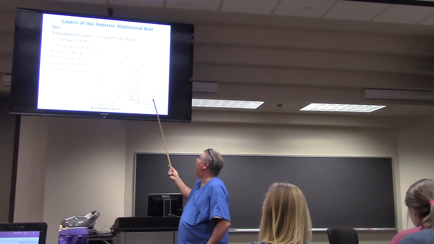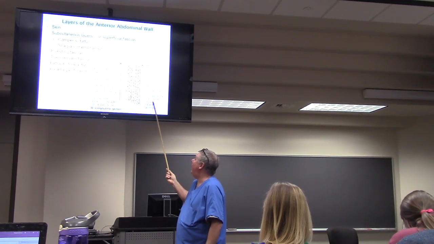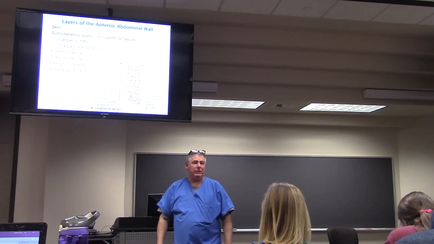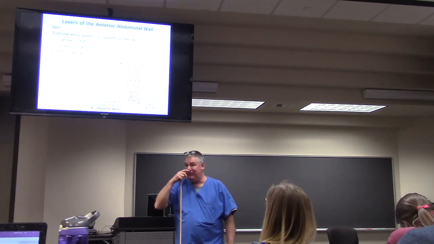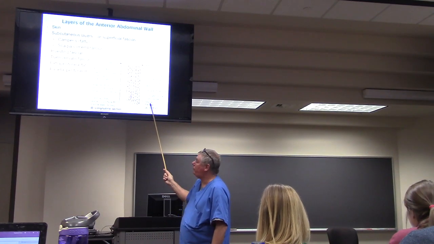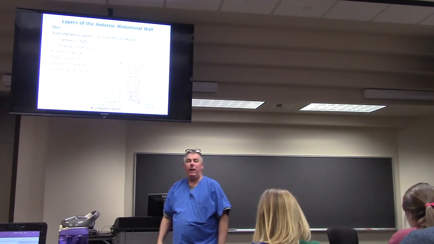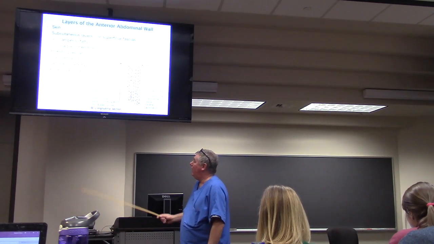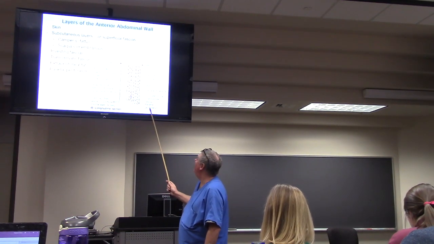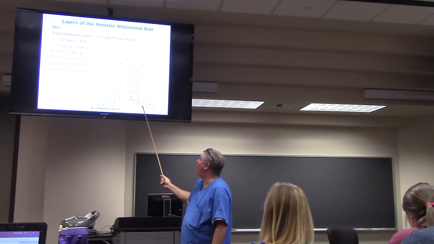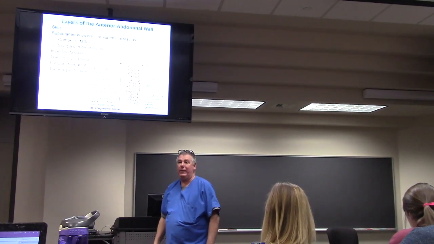It's called endoabdominal fascia, or more commonly, transversalis fascia. Let's use that term. Transversalis fascia. And deep to that is extraperitoneal fat. There's a yellow line here. And deep to that is going to be the parietal peritoneum.